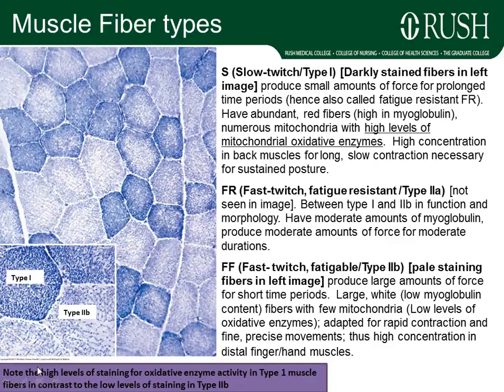These produce large amounts of force for very short time durations. In between those two, you have fast-twitch fatigue-resistant, which are type 2A fibers, and they produce moderate amounts of force for moderate durations.